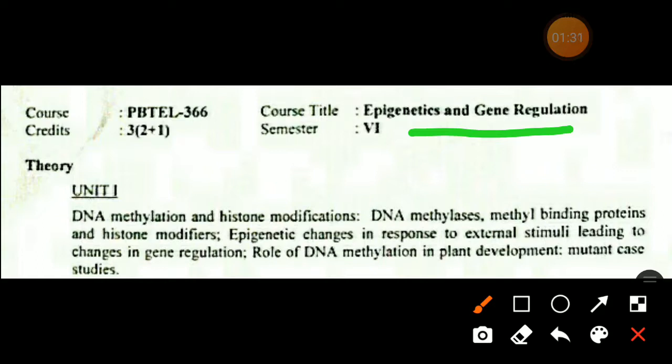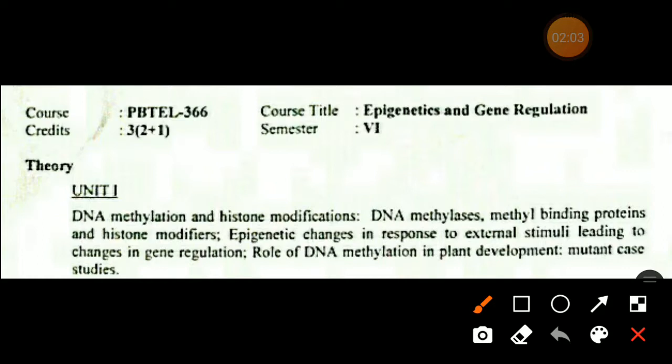The original sequence of DNA is not changed; modifications are carried out on the DNA molecule or on the chromosome. Modifications may be carried out on the DNA as well as on the histones. The chromosome is made up of two components, that is histones and DNA molecules.